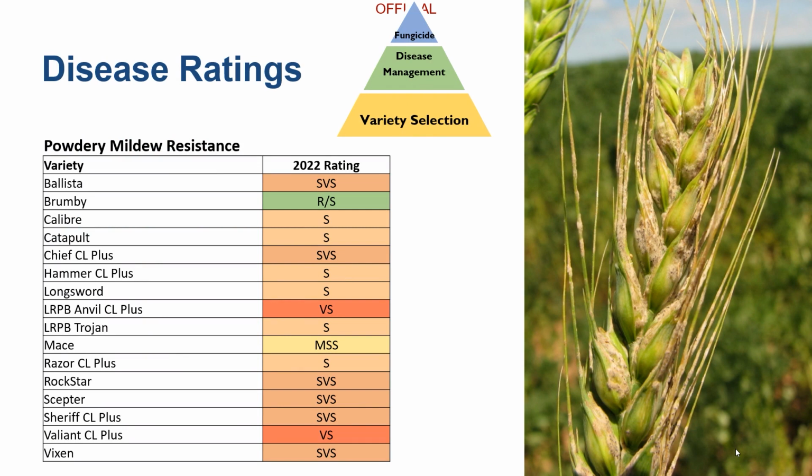I think another big factor with powdery mildew in South Australia is we talked about the importance of variety selection, and back to this pyramid that we work with. When we have a look at some of our commonly grown varieties in South Australia, we've got very limited options in terms of good resistance. A lot of our commonly grown varieties are VS, SVS, or an S rating.